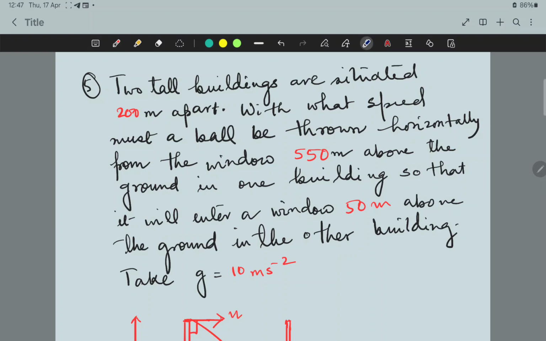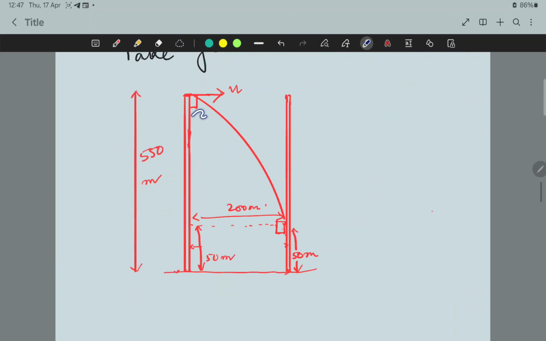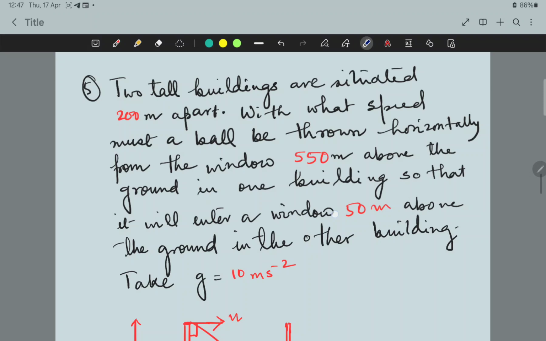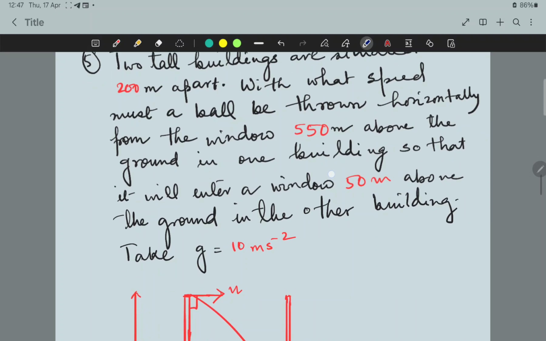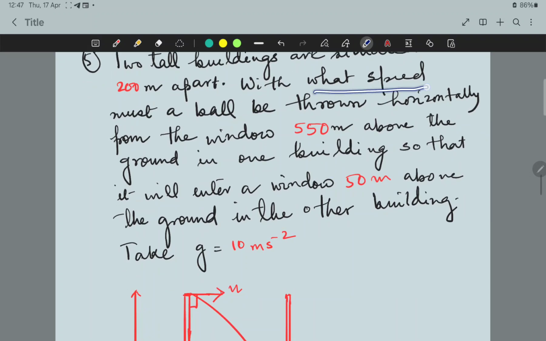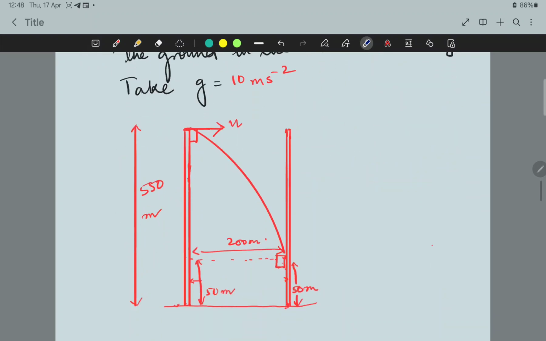Now the fifth sum, which goes like this: there are two tall buildings which are situated 200 meter apart, as we can see in the diagram. Two buildings, and the distance between them is 200 meter. Now in the question it is asked with what speed a ball is thrown from this point, and this u is the speed which is unknown to us, we have to find. It is thrown horizontally from the window 550 meter above the ground.